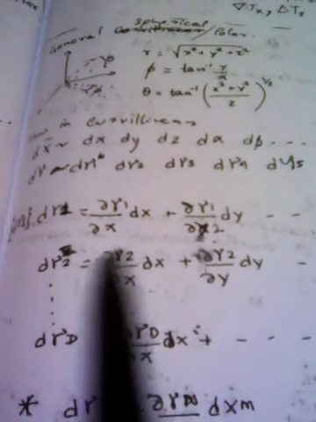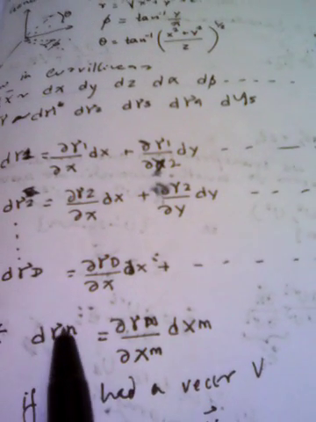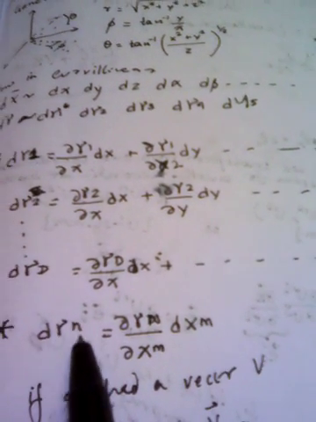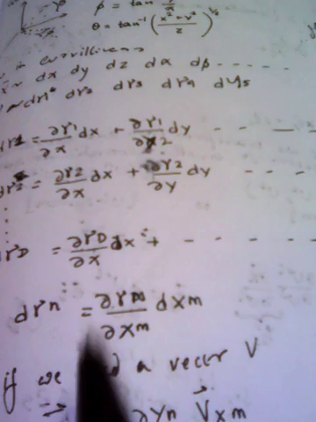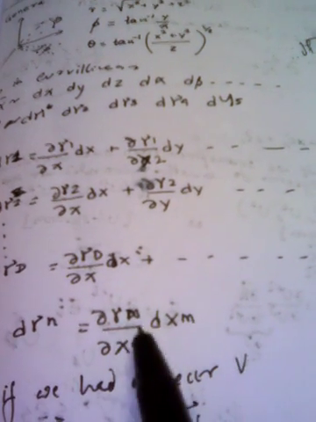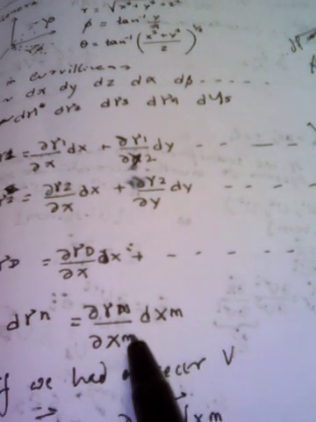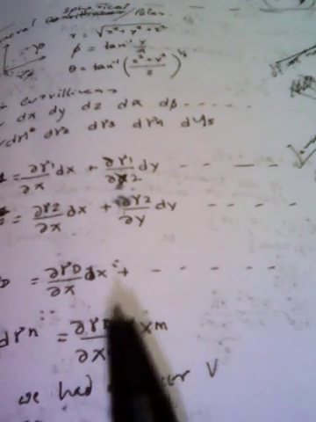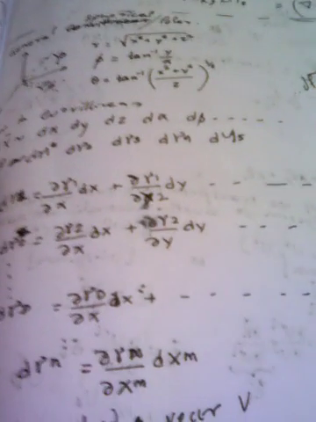Now I'll generalize this whole thing into a form like this: dyn, where n is the index like 1, 2, 3 and all, is equal to dou y index n upon dou x index m into dxm. This is actually simple. I'll just show you how.